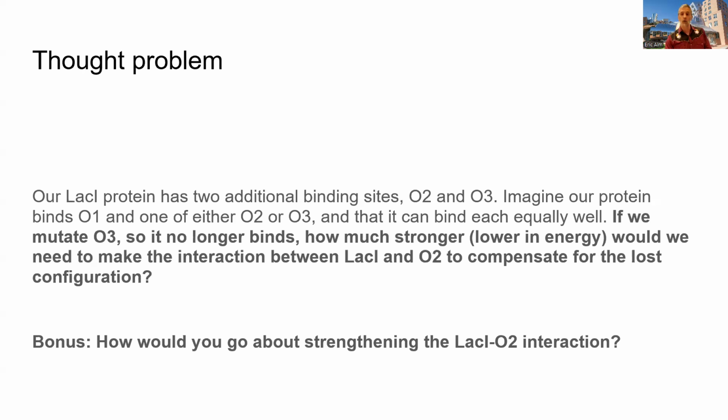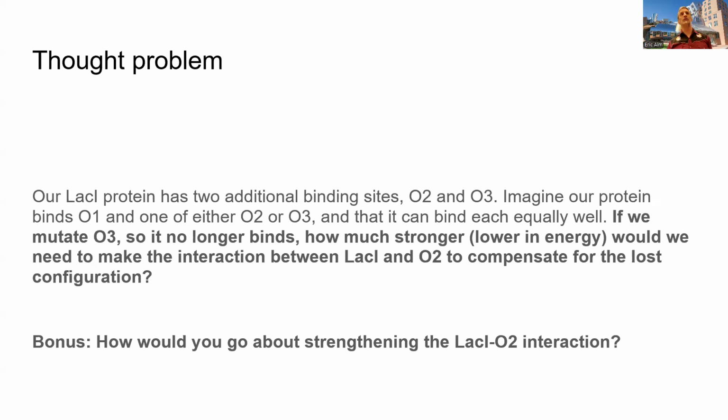Okay, so if we were to mutate one of those sites, let's say O3, we're going to mutate all the base pairs so that it no longer binds, and there's only one site. So there's O1 and then there's just O2 where it can bind.